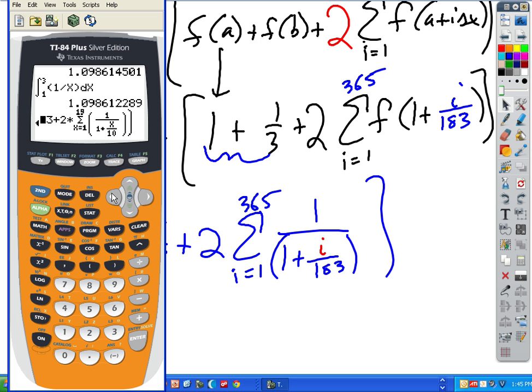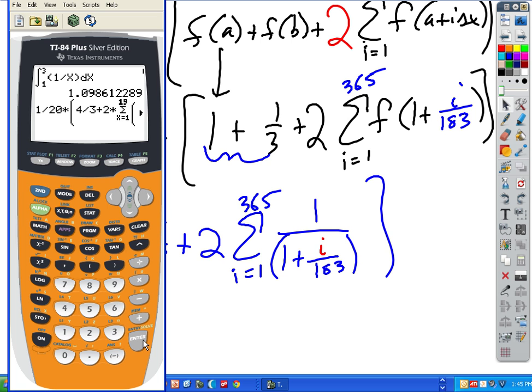Okay, and now watch what happens. When we calculate that one, it's not accurate enough. We needed to get to .00001, and we fell far short of that.